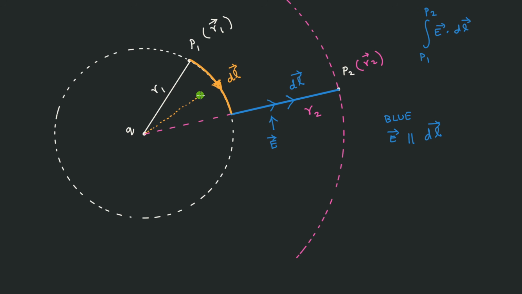I will show in a dotted way the direction of the electric field, which will always be drawn along the radiuses. So this is one radius, this is one radius. Like this you will be drawing the electric field direction. So these are all the possible directions of the electric field.